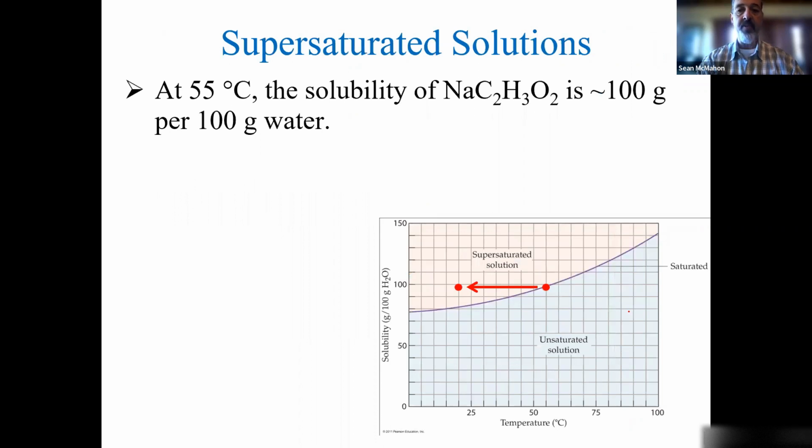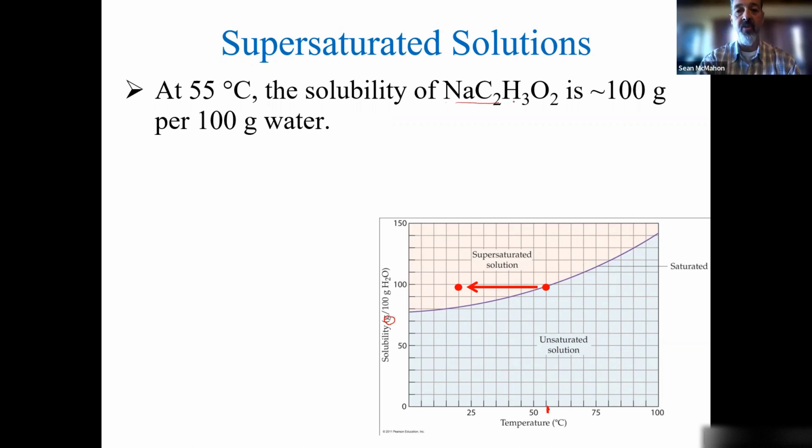What's an example of how we could have a supersaturated solution? At 55 degrees Celsius, the solubility of sodium acetate is roughly 100 grams per 100 grams of water. If we look at our temperature graph, right here at 55 degrees Celsius, it's just shy of 100 grams of solute per 100 grams of water.